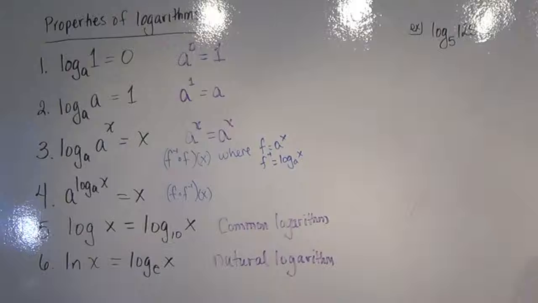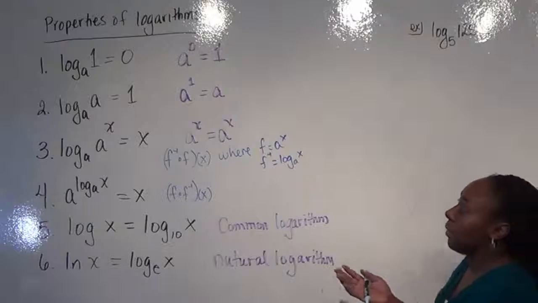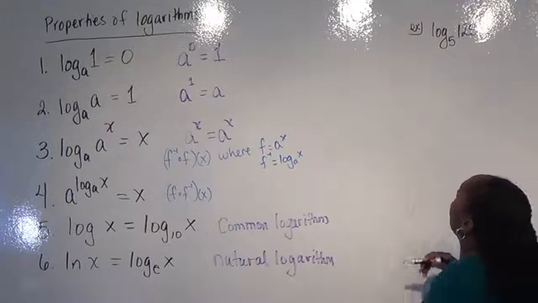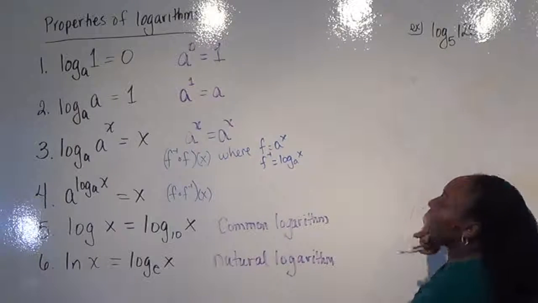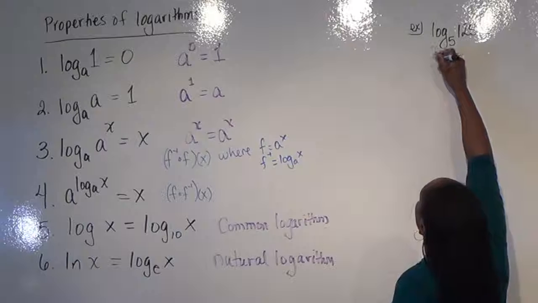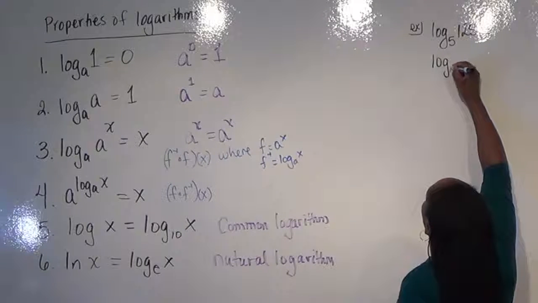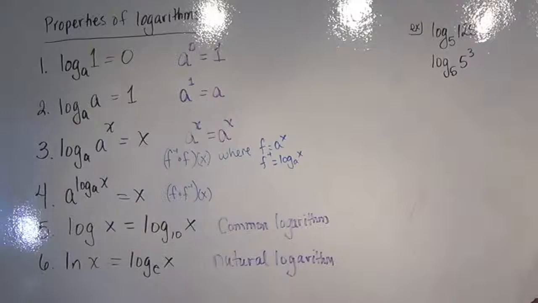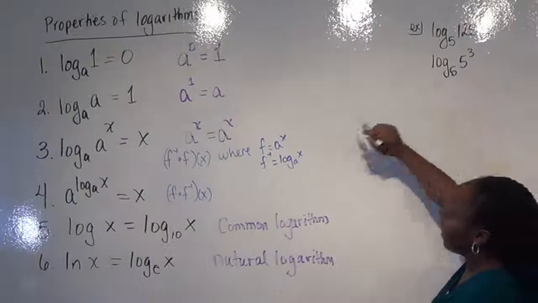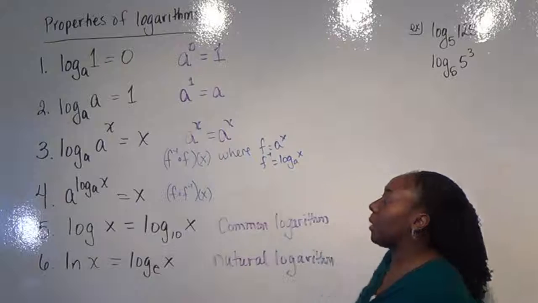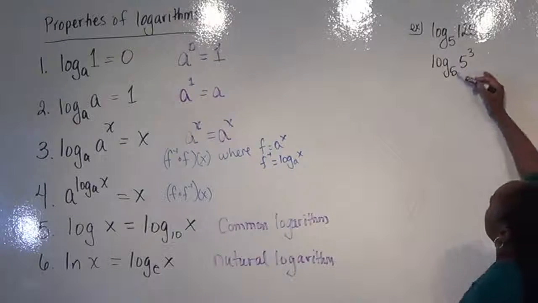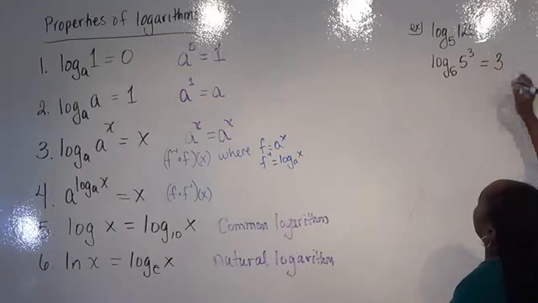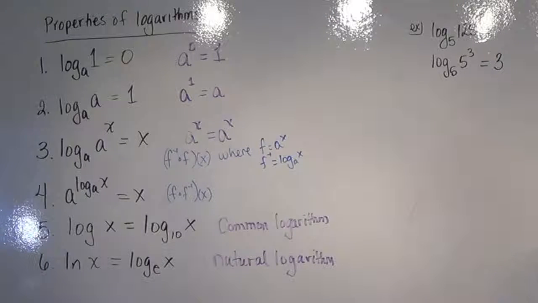But if we can rewrite it so it does look like one of these properties, then we can simplify it fairly easily. Okay. And here the thing to notice is 125 can be rewritten. This is the same as 5 to the third. Okay. And so here we can see this actually looks a lot like our property 3. So the base in my logarithm is the same as the base in the exponential, and so when I simplify that, I'm just going to get that exponent.